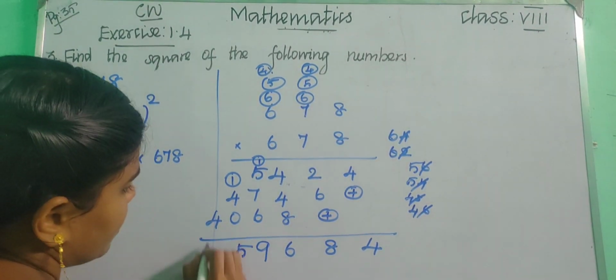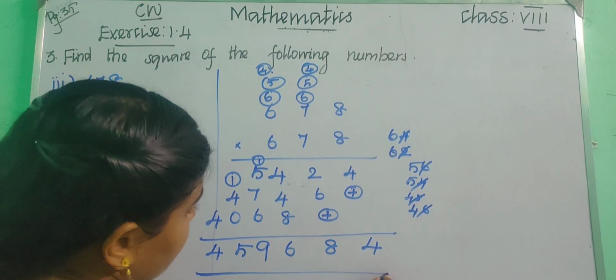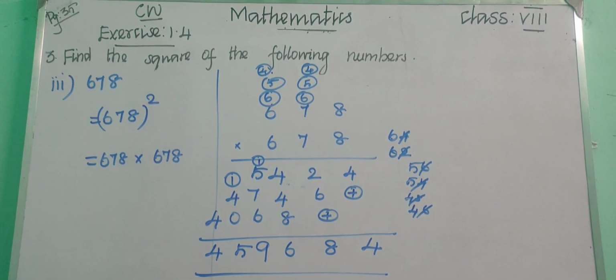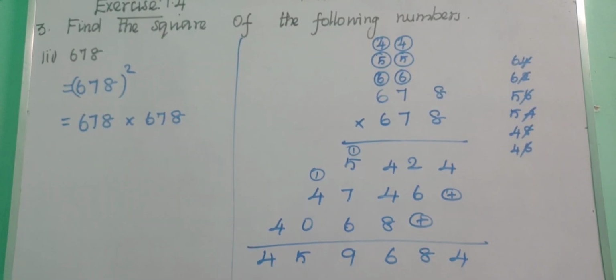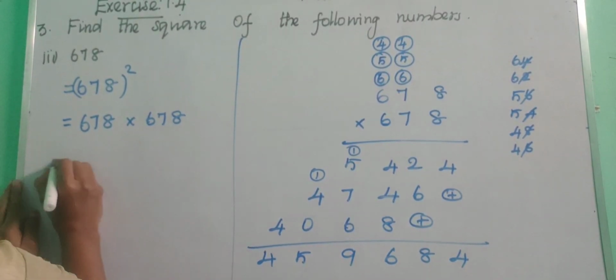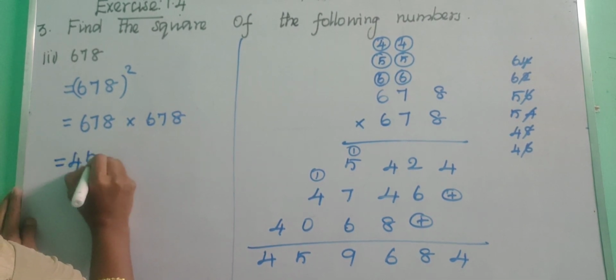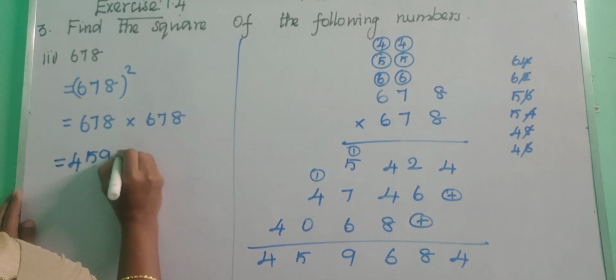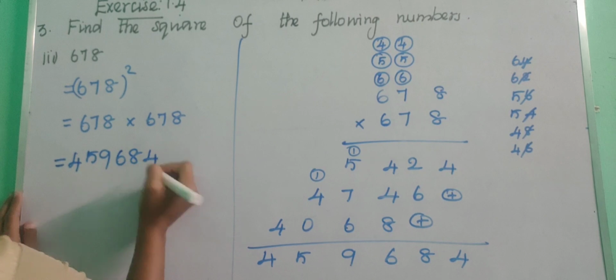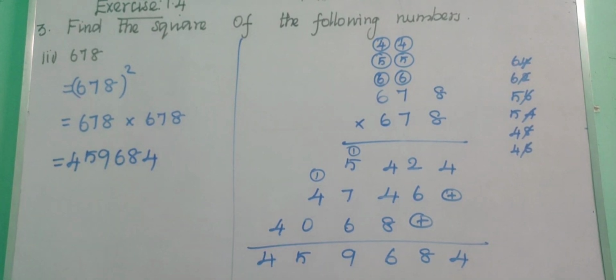So here we are having 5, 4. So we got 4 5 9 6 8 4, that is 4,59,684. Okay children, so we got the answer as 459684.